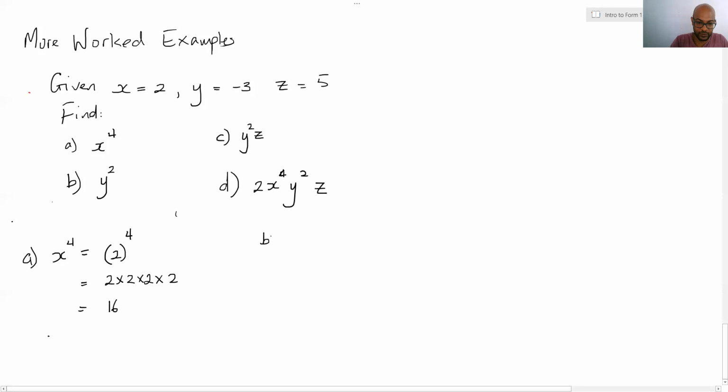Let's look at the other one. B, y squared. Now y is 3, sorry, negative 3, my bad. Negative 3 squared means you're multiplying negative 3 by itself twice, and a negative by a negative is a positive, so pay attention to that.